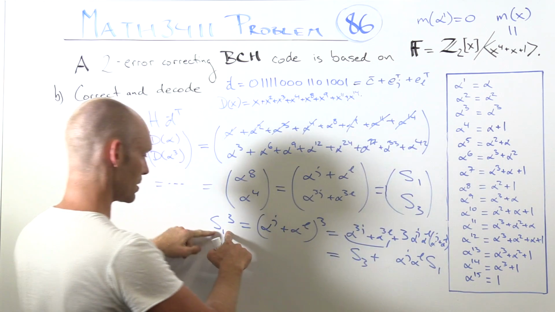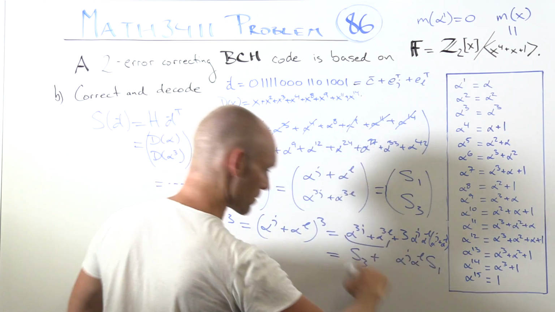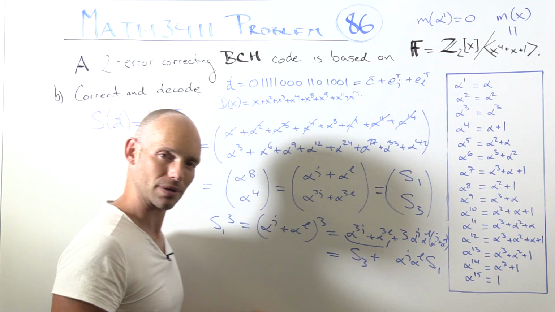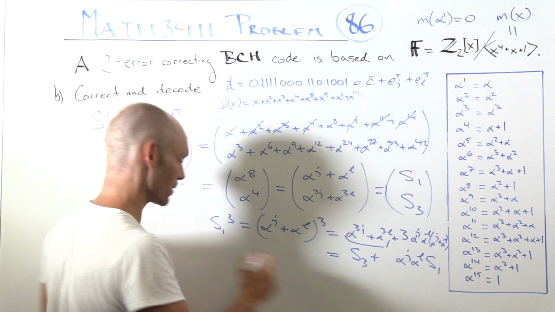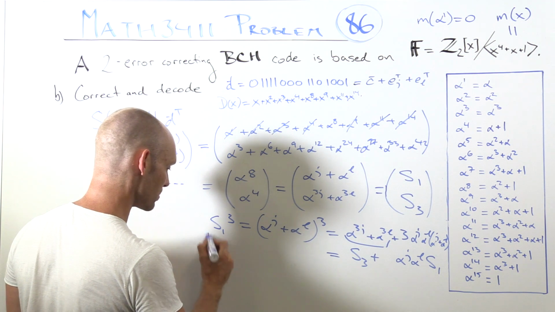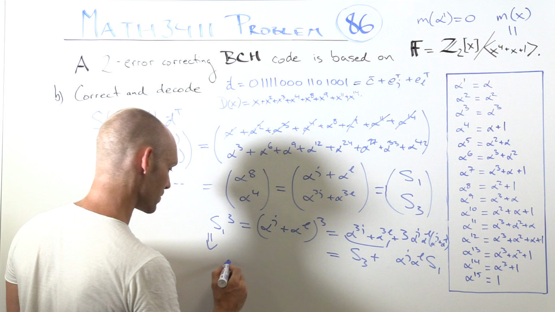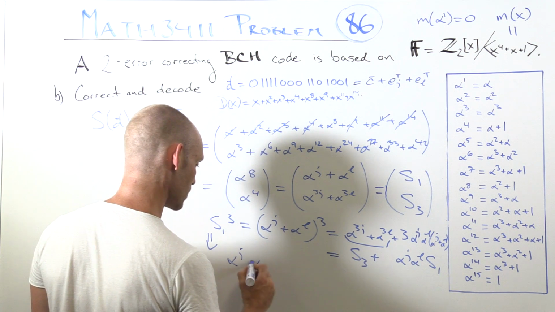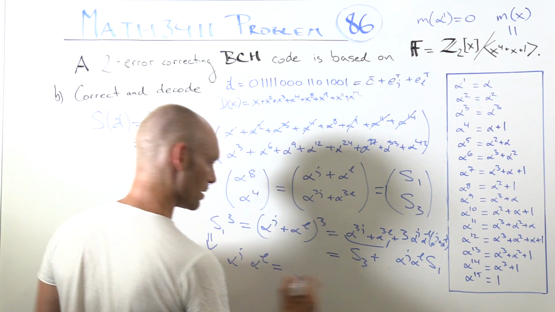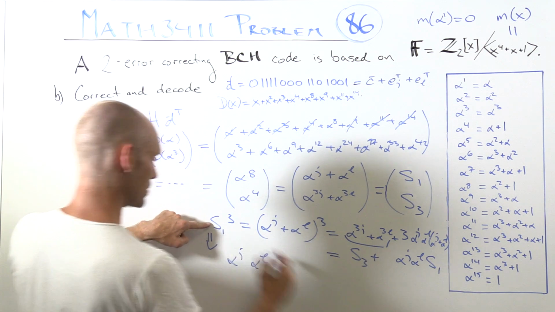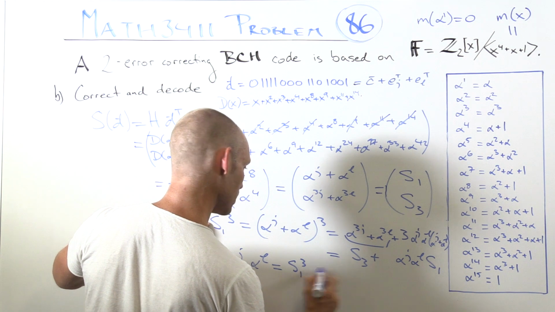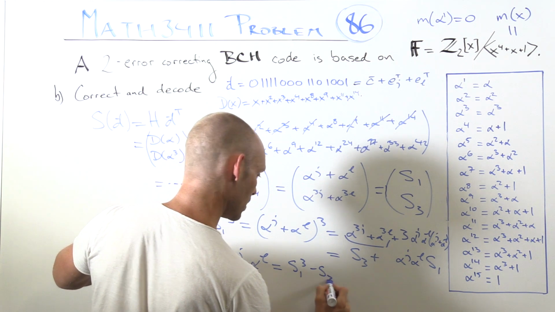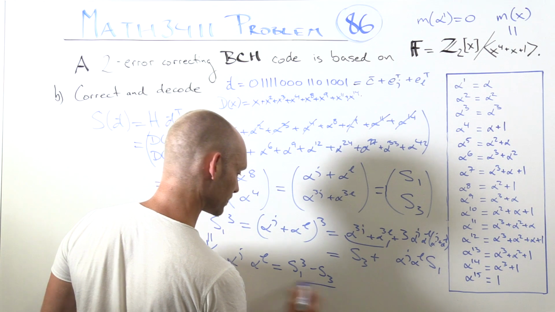And then S1 cubed is equal to all of this. Why am I doing this? Well, bear with me just one more step. If we isolate the product, alpha to the power of j times alpha to the power of L, that's equal to S1 cubed minus S3, divided by S1.